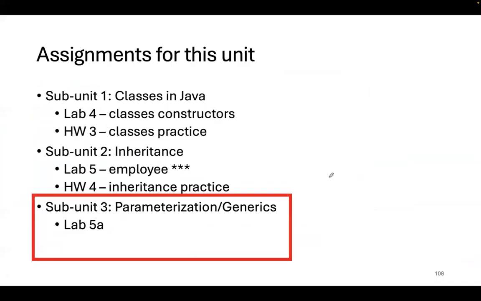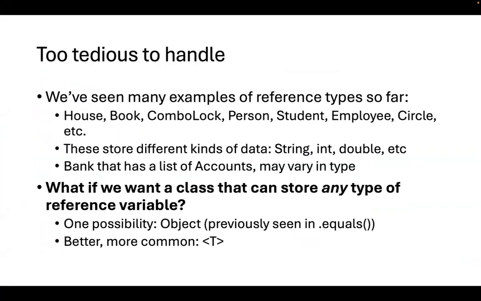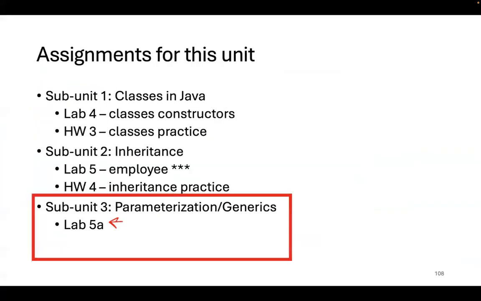But now we're in this sort of subunit 3 where we'll look at lab, what I'm calling 5A today. And so let's briefly talk about, remember when we've talked about arrays and we've talked about lists, right? Where both we kind of represent as this long rectangle divided into boxes.